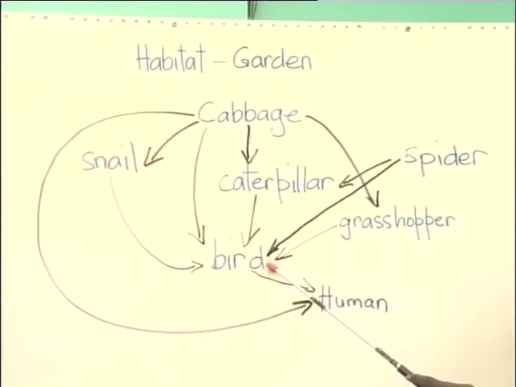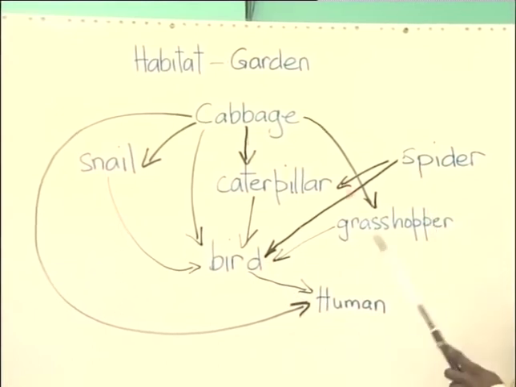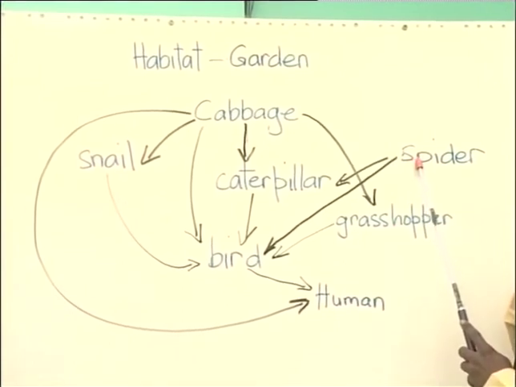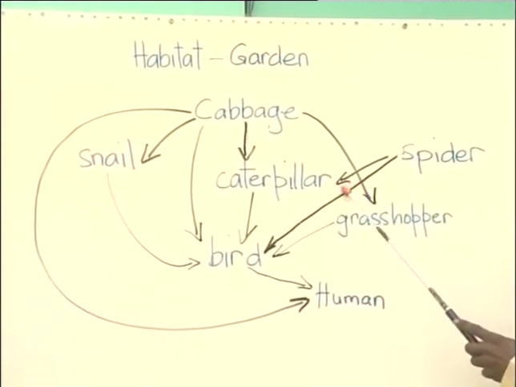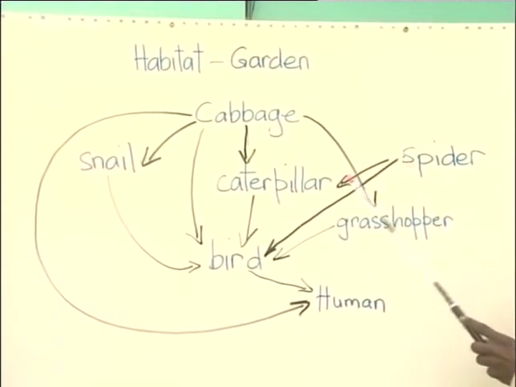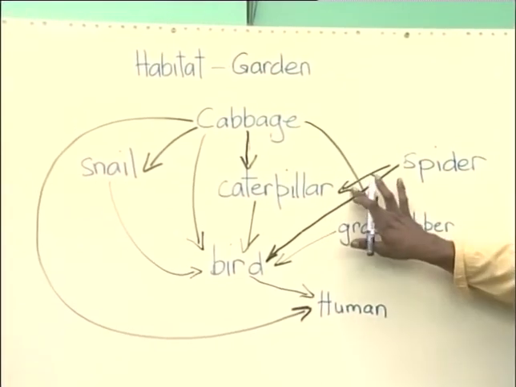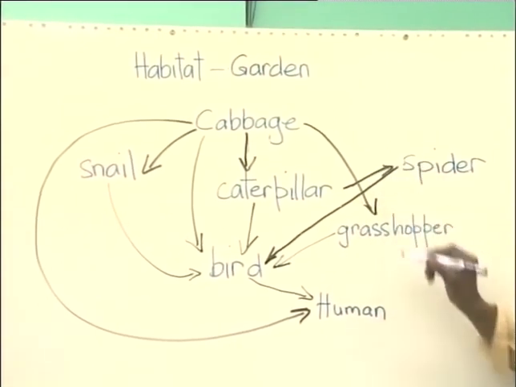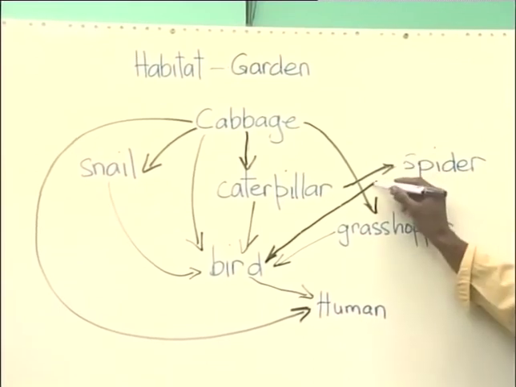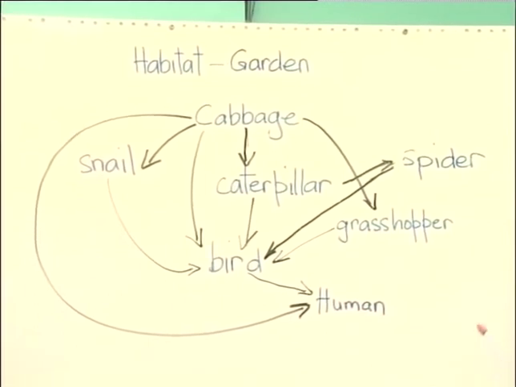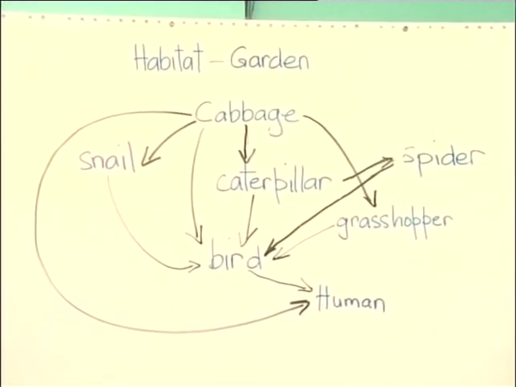Birds eat the spider. Our arrow here tells us that caterpillar eats spider. Does caterpillar eat spider? Can it eat spider? No, so our arrow should be pointing this way, meaning spider eats the caterpillar. So this is an example of a food web in a garden habitat.